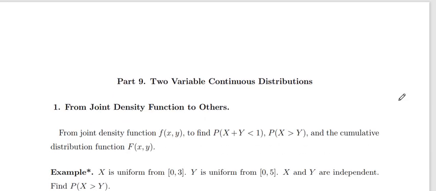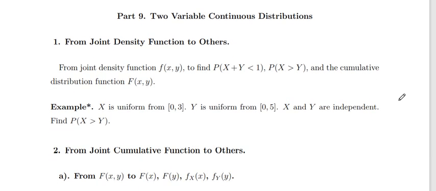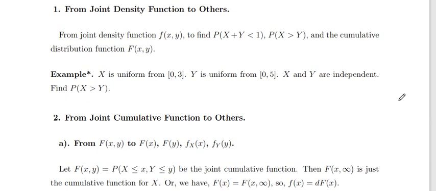So for two-variable continuous distributions, some are very easy. Like here, if they are independent, the joint distribution is just x from 0 to 3, y from 0 to 5.